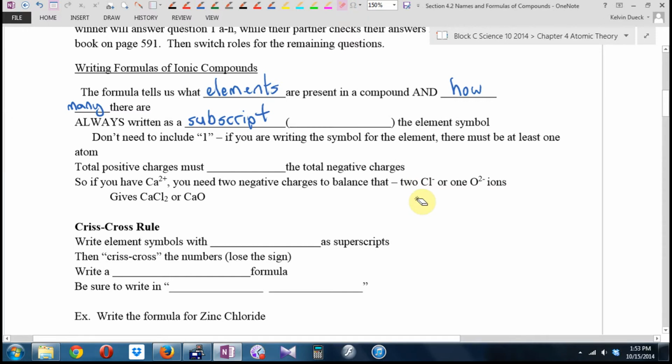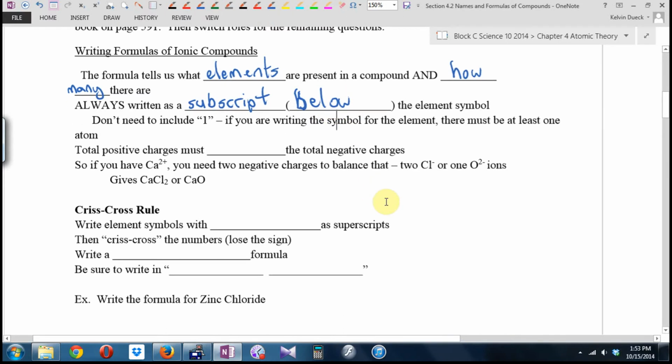Below the element symbol. If there's only one of them, you don't need to write a 1. It's understood that if a letter has no number beneath it, there's one of them.